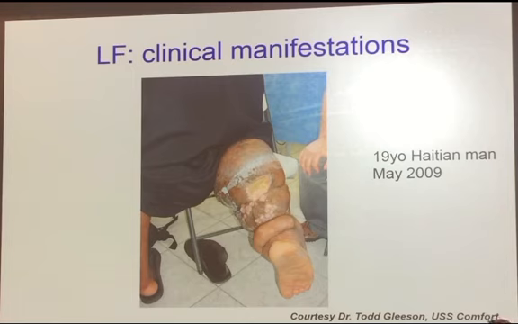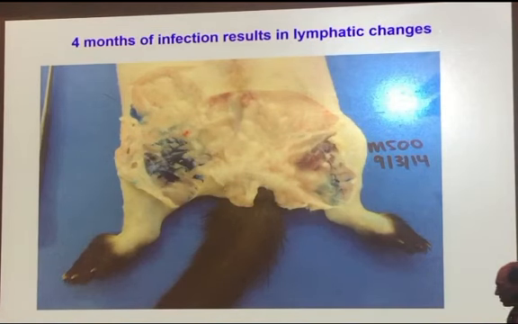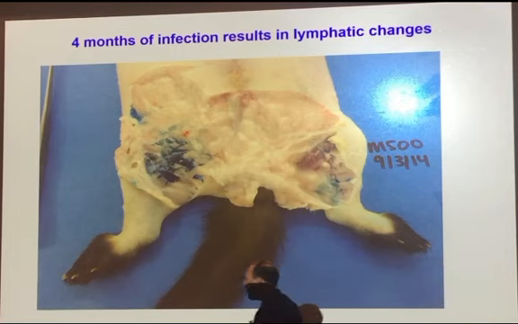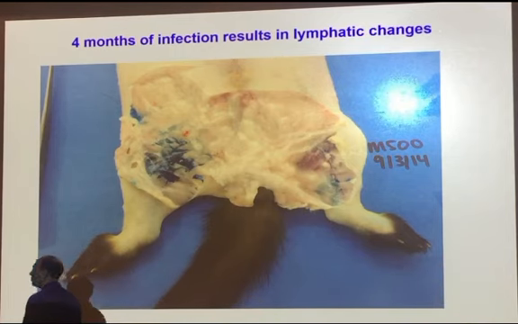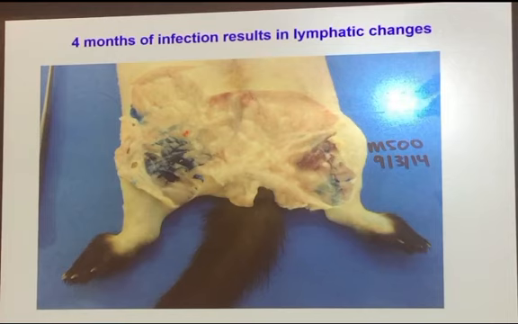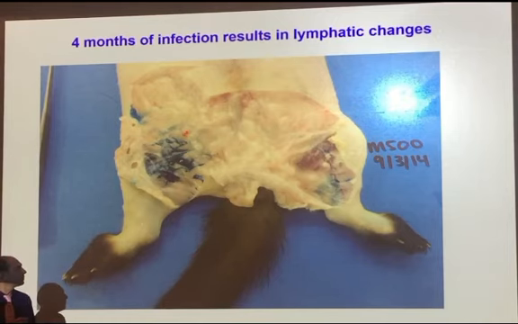So this was in 2000. My lab actually established a ferret model. Most of the rodent models, or none of the rodent models, mimic human disease. So if we take human Brugia and we infect the ferret, this side got infected, this side didn't. And 4 months after infection, we're able to color the lymphatics.